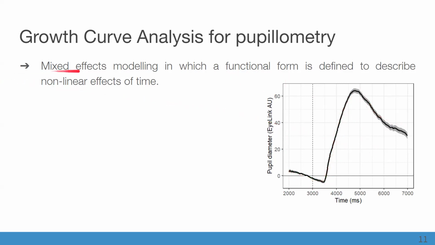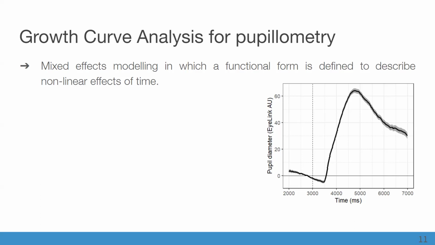And the mixed effects part is because basically we are adding the random effects. So that's why the mixed word is here, because apart from the fixed effects, that will be our variables, and the variables that we assume are equal to each of the observations, we'll also have variance that comes from the stimuli we're using and the participants.